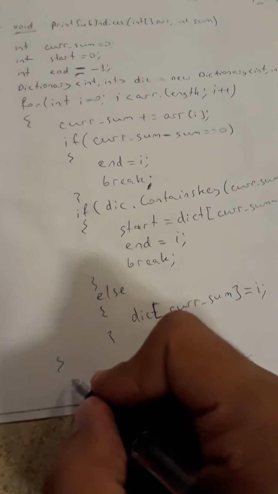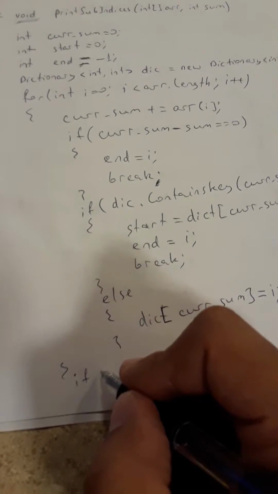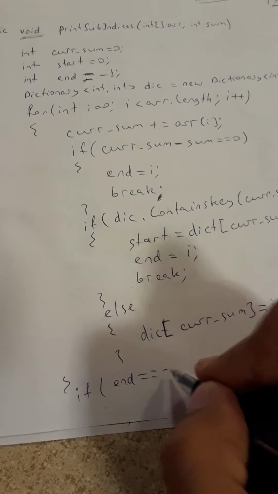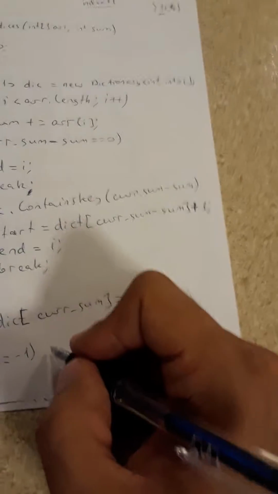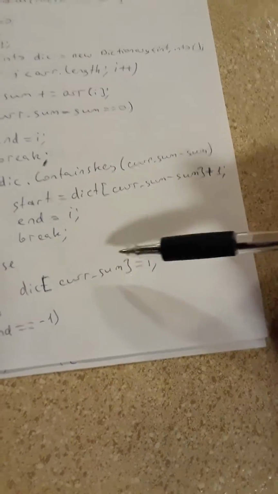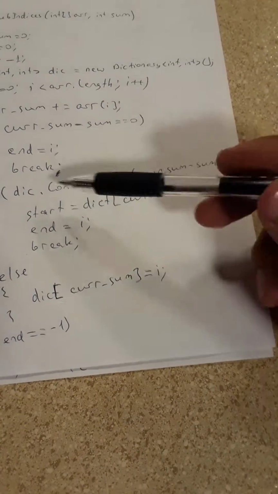So at the end, after my for loop is done, I'll check if my end value is equal to -1, meaning that it was not redefined, and I will not be able to find any subarray.